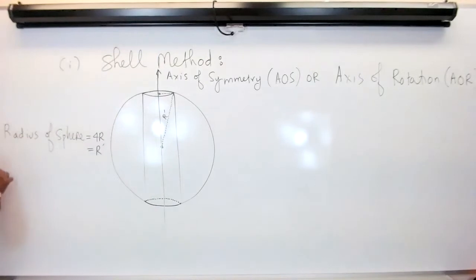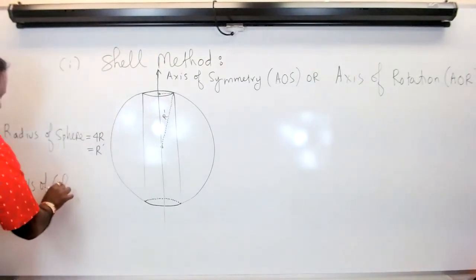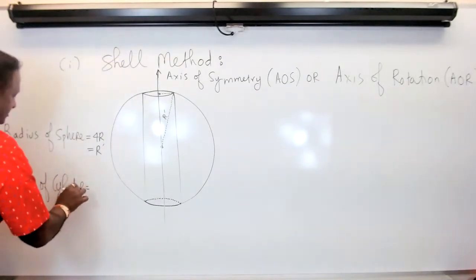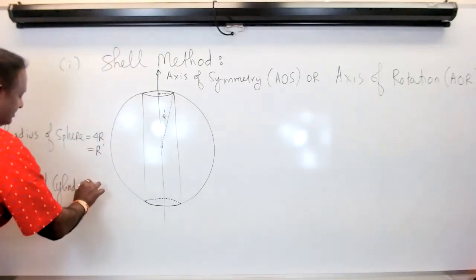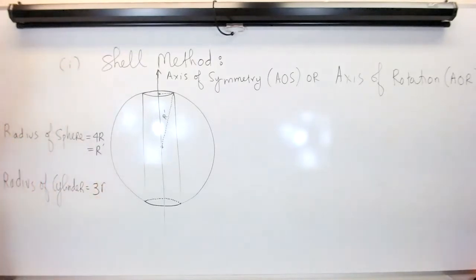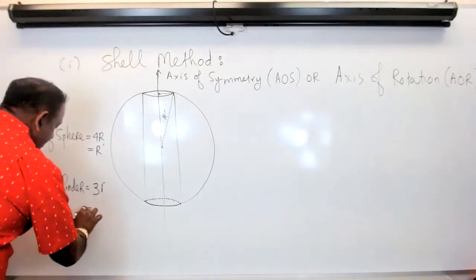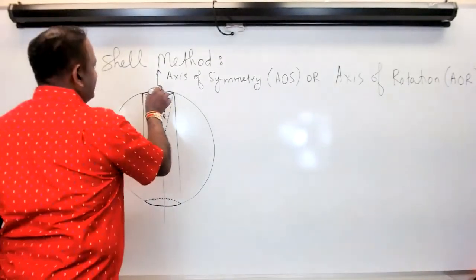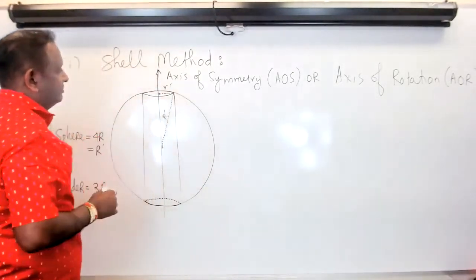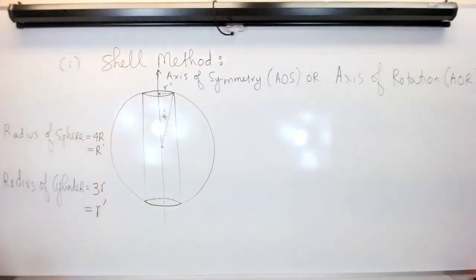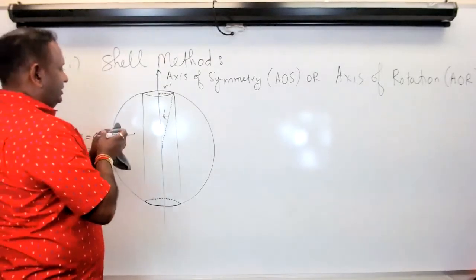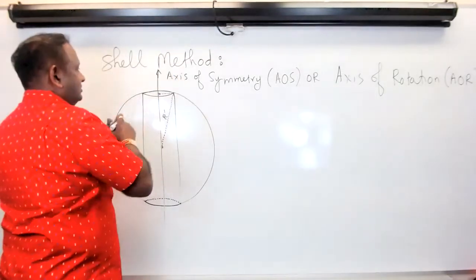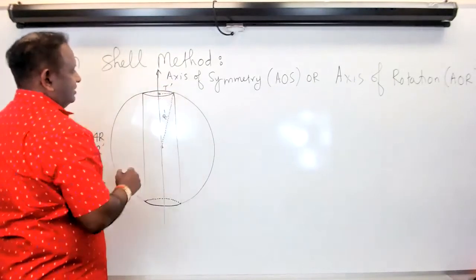The radius of the cylinder I'm going to denote by simple R prime.